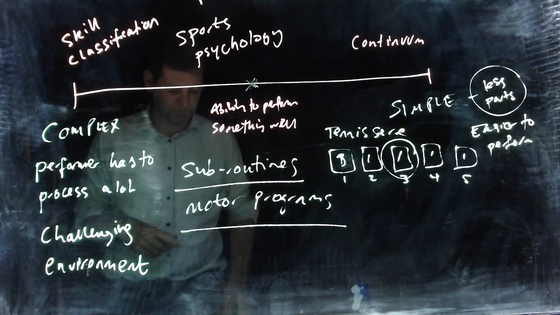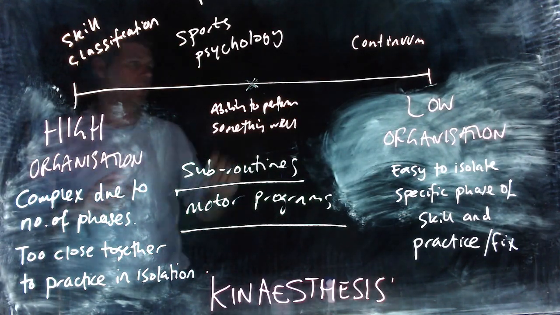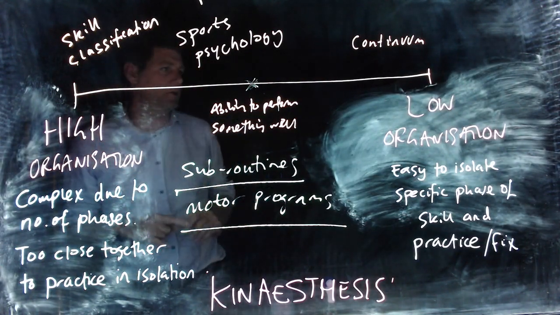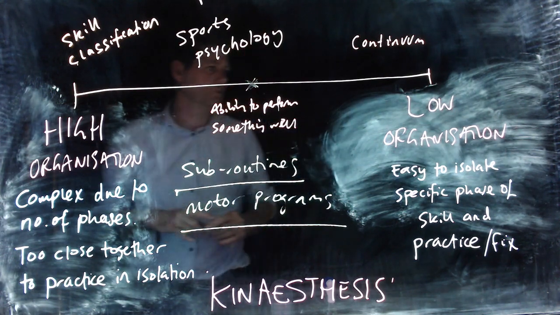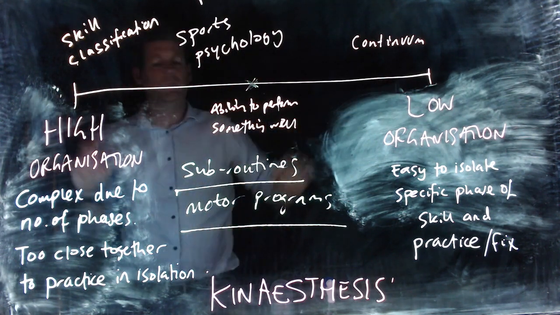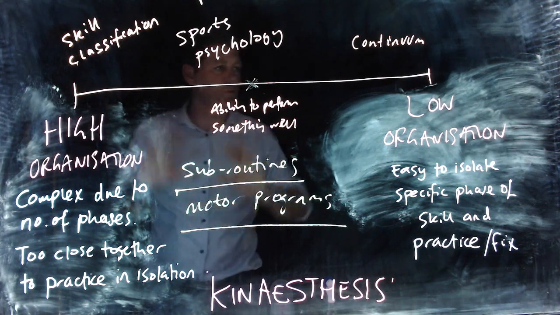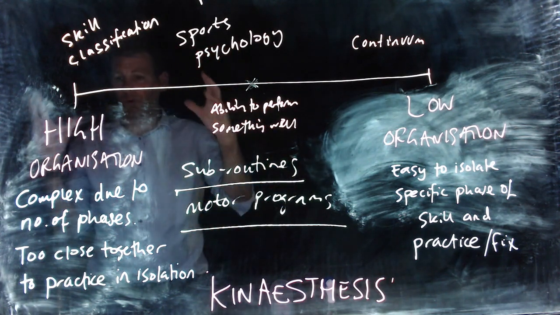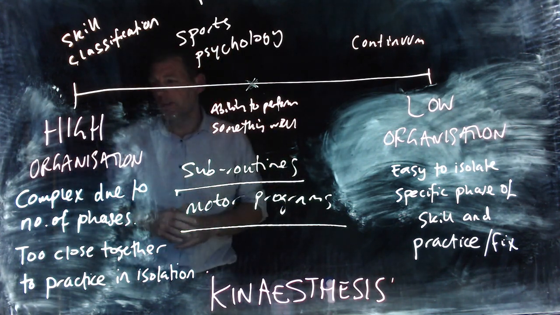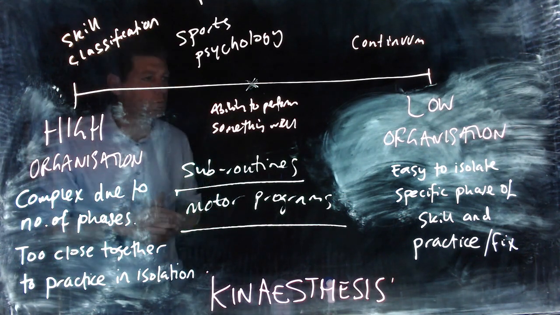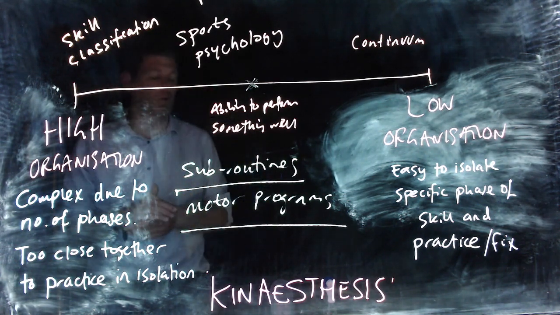So in the final part of this video, we're going to explore high organisation skills and low organisation skills. So again, we've got a continuum, we've got opposite ends of the spectrum, we've got everything in between. So we'll start with the high organisation skills. These tend to be high organisation because they're complex due to the number of phases involved in them.